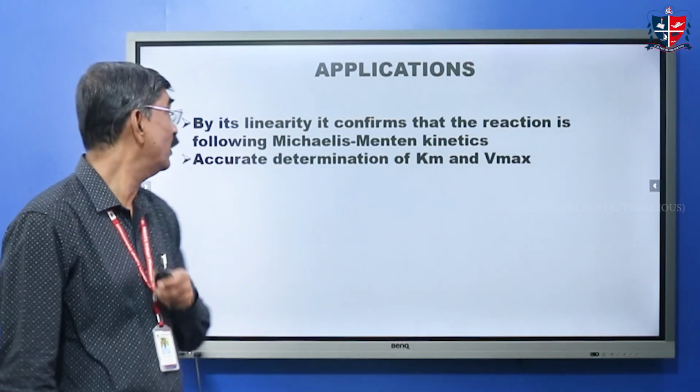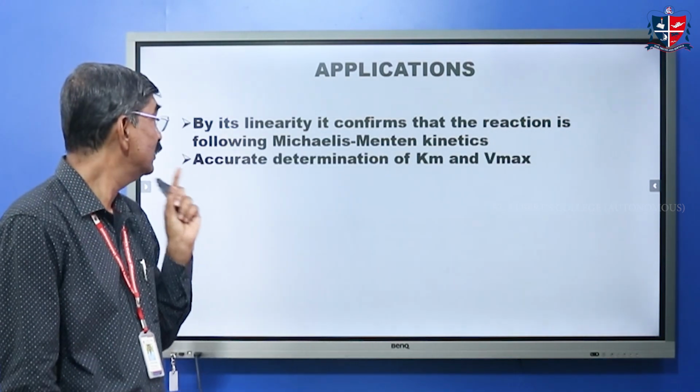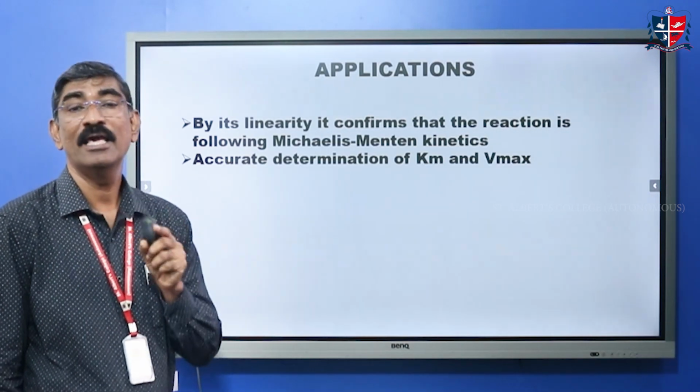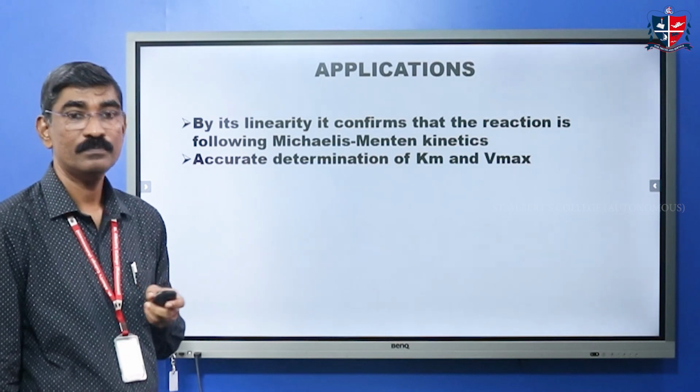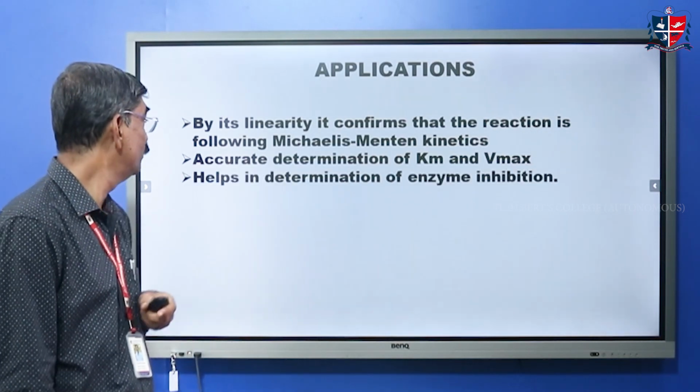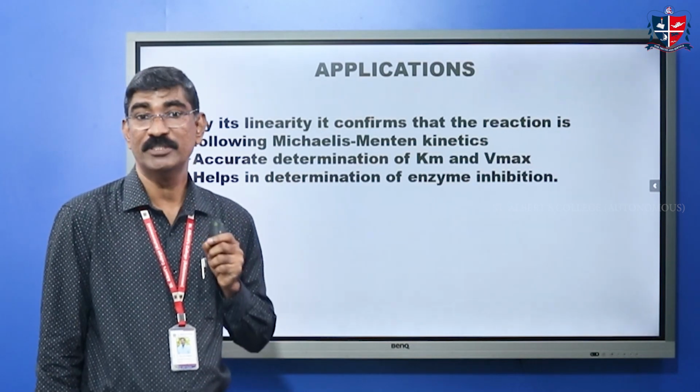Now coming to the second one, as we have seen, it can determine the Km value and Vmax accurately. Then third one, it helps in the determination of enzyme inhibition.